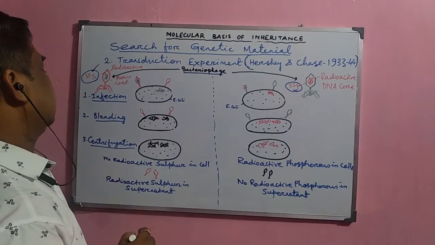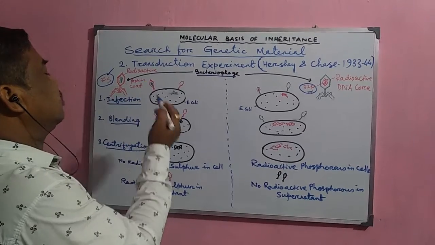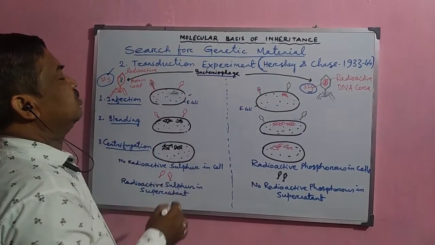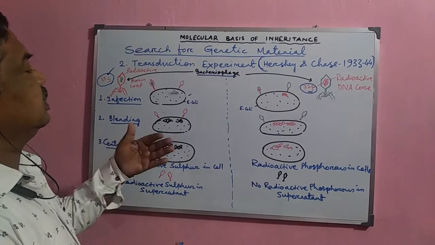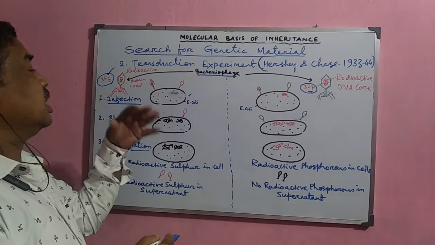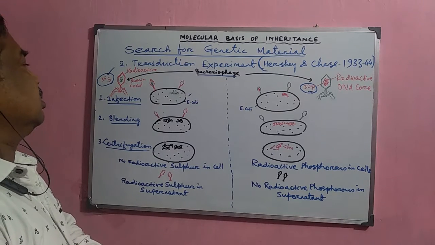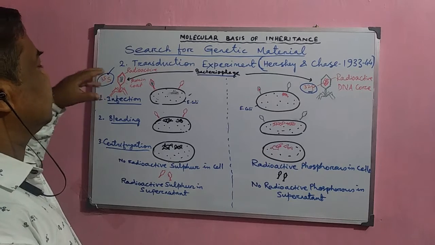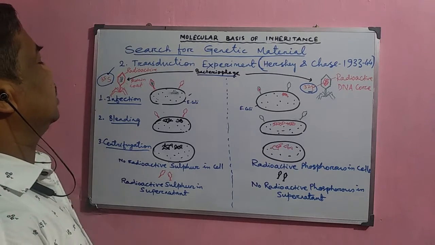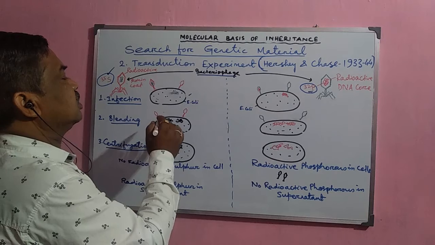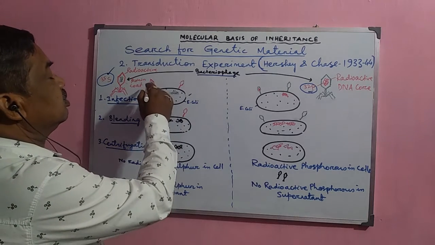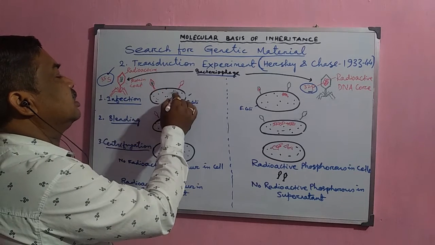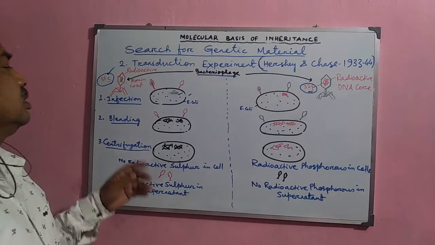Now, when these bacteriophages infect the E. coli bacteria, or when E. coli bacteria are added to this culture medium, the S35 radioactive bacteriophages attack the E. coli bacteria, and the DNA content inside the bacteriophage enters into the cell of the E. coli.